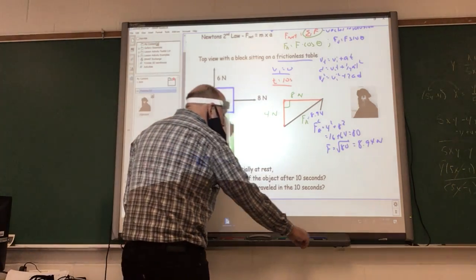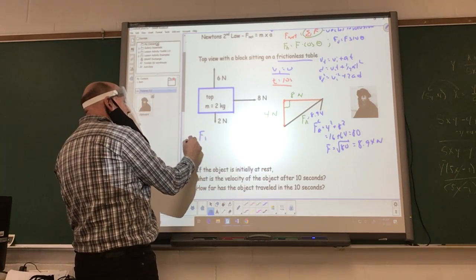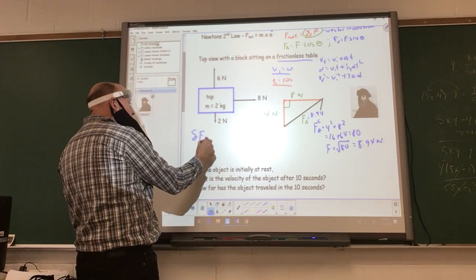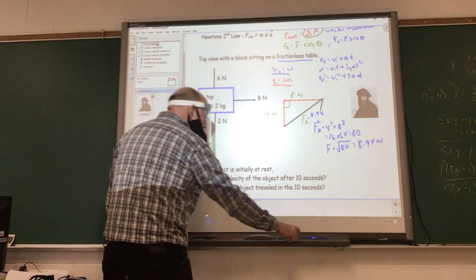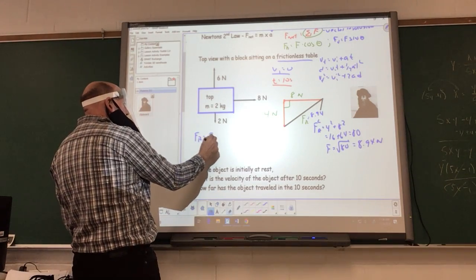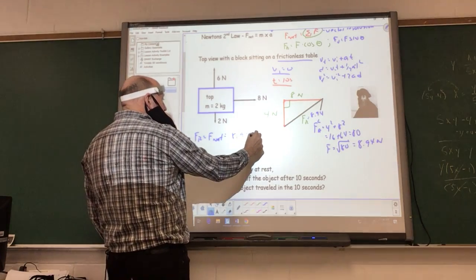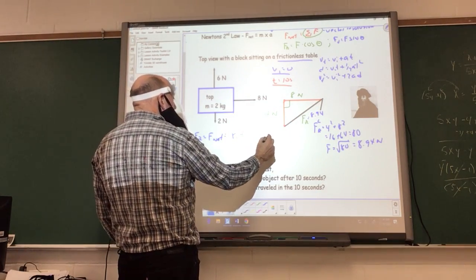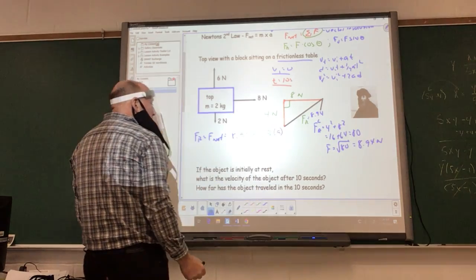If that is our resultant force, the sum of the forces, or my net force, is 8.94 newtons. This is equal to the mass times acceleration, which is 2 times a.